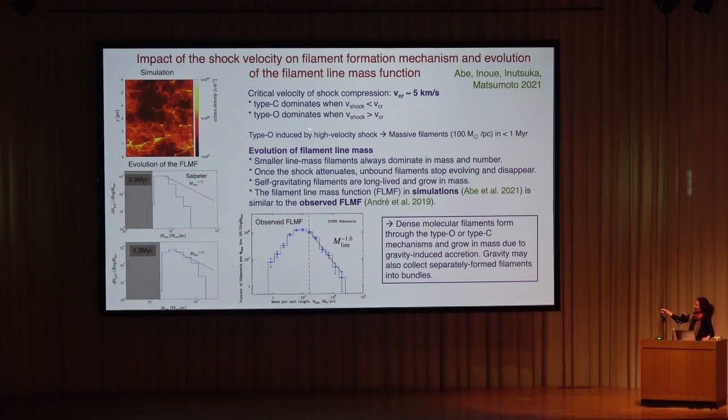In this type O mode of filament formation, because the shock compression is high velocity, massive filaments are very quickly formed, within a fraction of a million years.